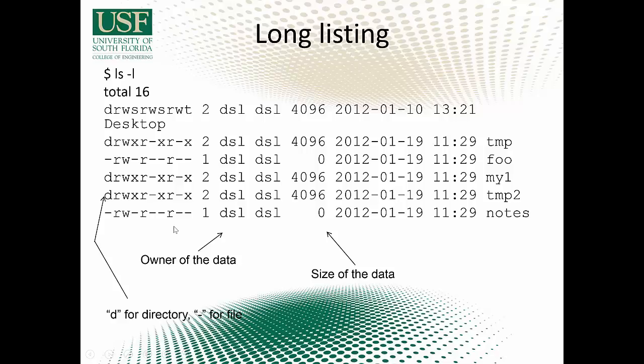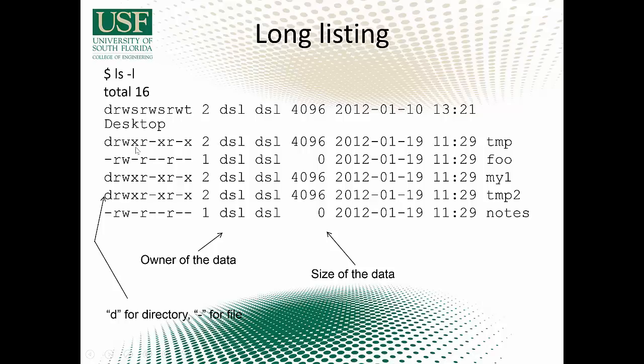Now if you use ls with a -l switch, what you'll see is that there will be specific attributes for each one of the files and directories that we're looking at. Important to note is that a d in front of the attribute tells us that it's a directory, and then these are the access permissions for that file based on the owner, the group, and world. These are read, write, and execute, as you can see down here. So we have read, write, execute, read, write, execute, read, write, execute, and you can see that the group and world do not have the ability to write to this file.